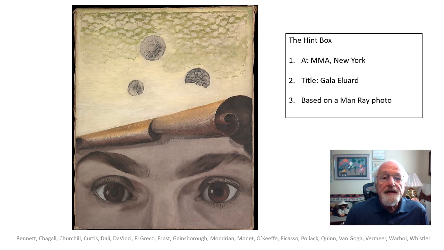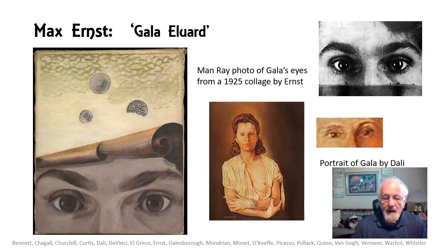And the third hint, it's based on a photograph by the famous photographer Man Ray. Any ideas yet? Remember, you can look at the bottom to see a list of the possible answers. Okay, let's move on.